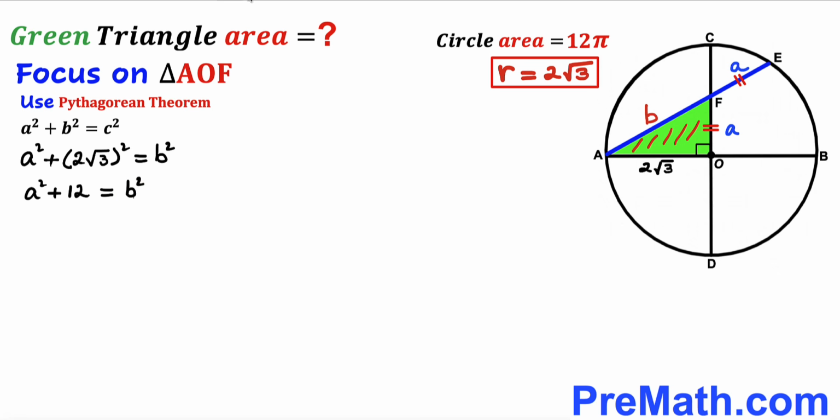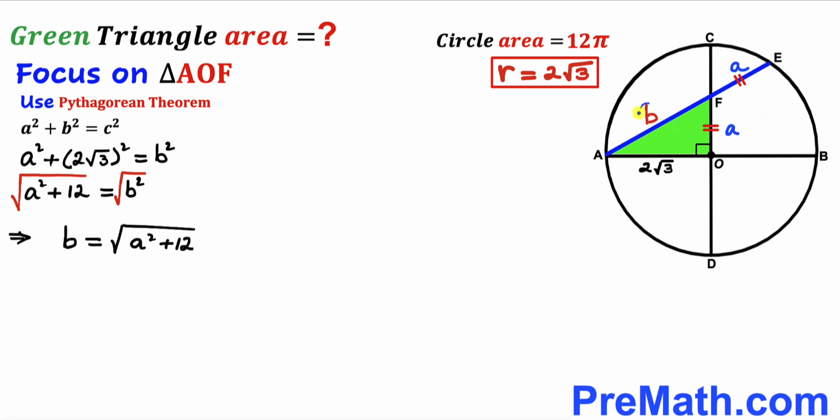Now I'm going to undo this square by taking the square root on both sides. So our lowercase b value simply turns out to be the square root of a² plus 12.